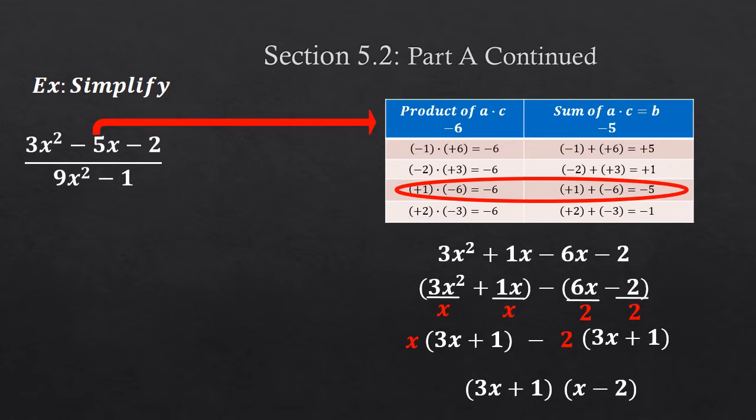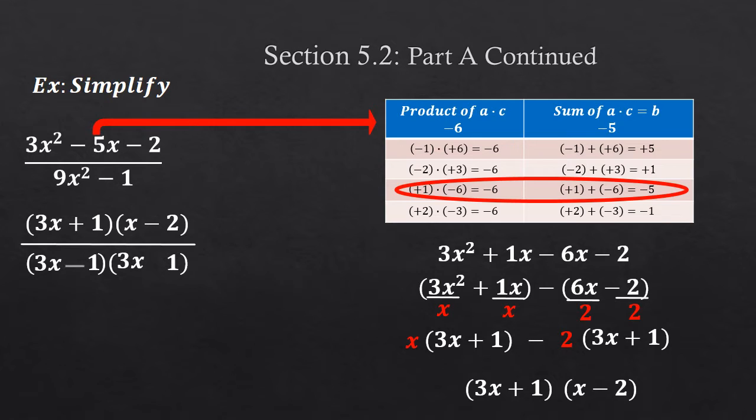So my numerator of this expression is 3x plus 1 times x minus 2. However, the denominator is the difference of squares, so that factors as 3x plus 1 times 3x minus 1. The 3x plus 1s cancel out, leaving you with the remainder of x minus 2 over 3x minus 1.